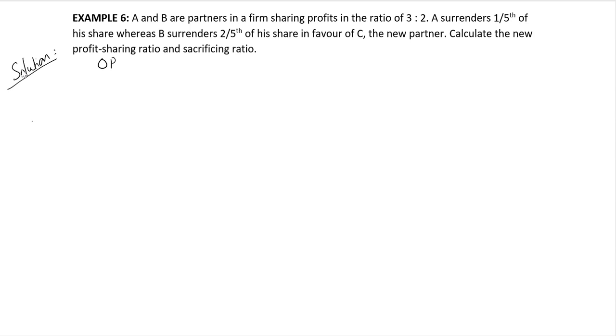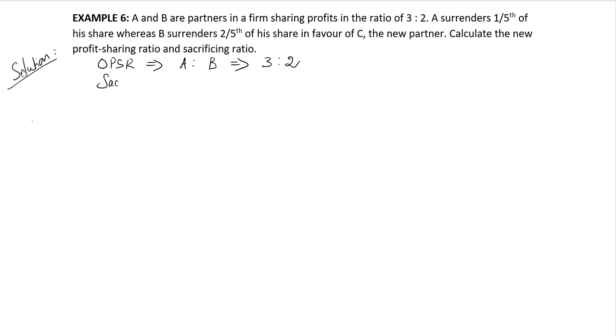Old profit sharing ratio between A and B is given in the problem as 3 is to 2. It says A surrenders 1/5 of his share.